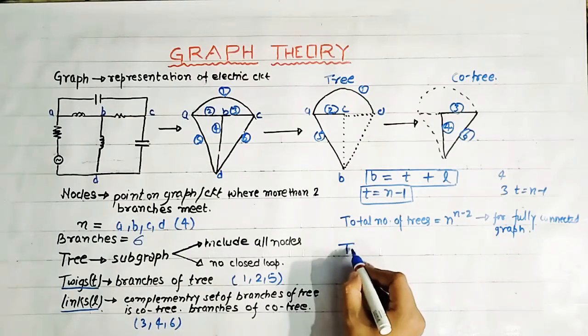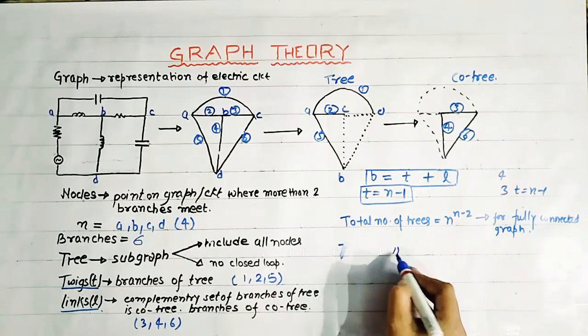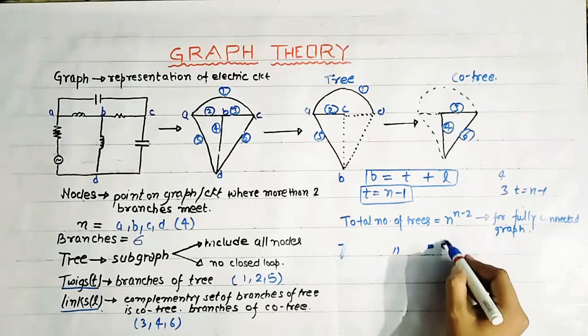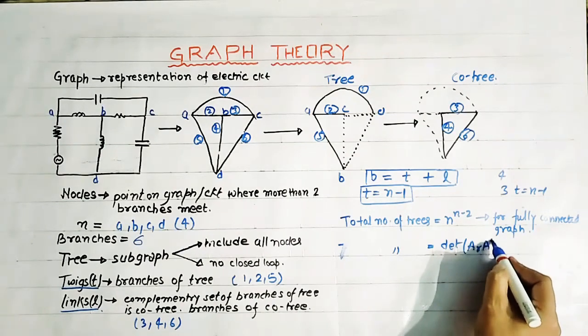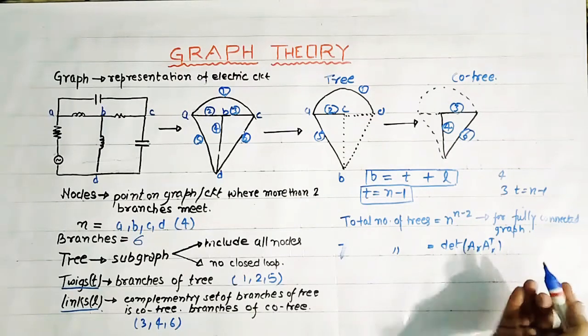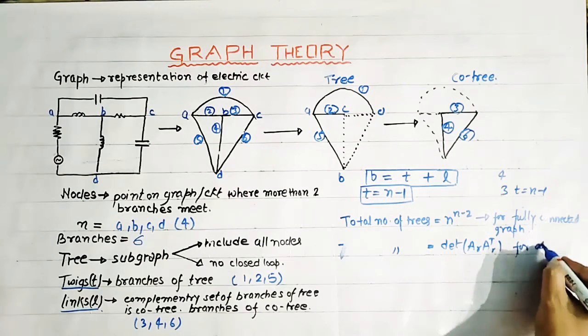And total number of trees is equal to determinant of A_R times A_R transpose for any graph.